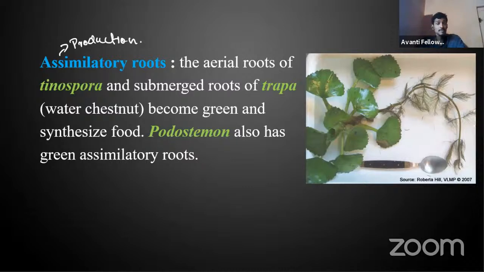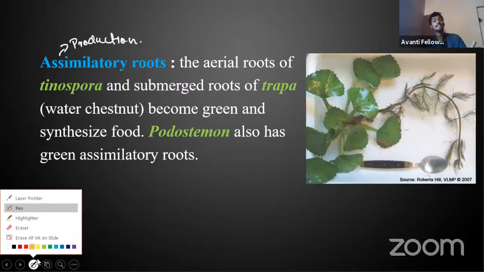So the roots of Tinospora, Trapa or Podostemon will have chlorophyll, that means chlorenchyma tissue, and they will do photosynthesis. These are the exception among roots, the only kinds of root which can produce food.